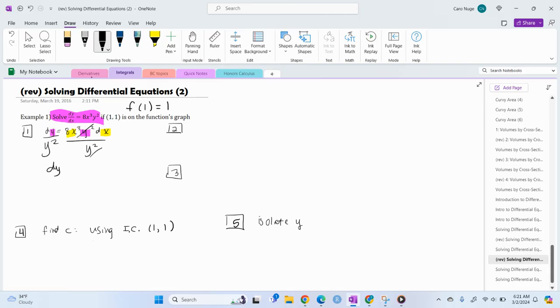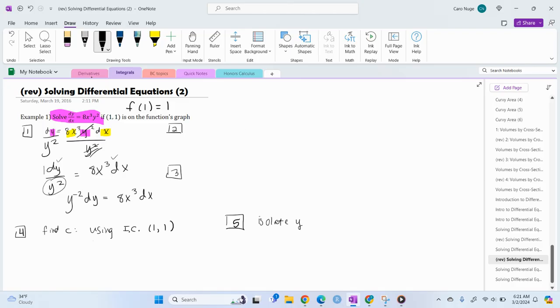Then I have dy over y squared equals 8x cubed dx. Are all my y's on the left? Are all my x's on the right? Okay, we're good to go. What I am going to do, though, is rewrite 1 over y squared as y to the negative second, because it's going to make it easier to find the antiderivative.